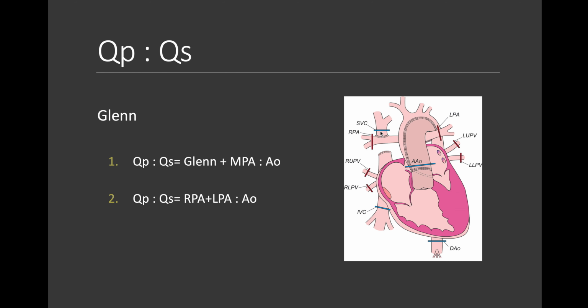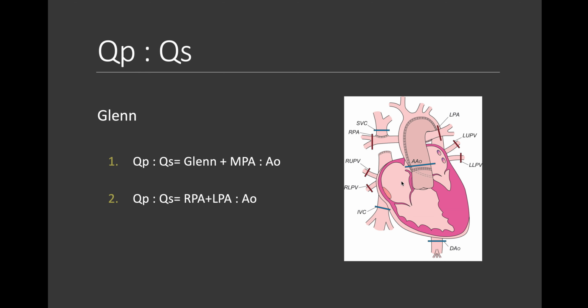So you could measure the pulmonary flow either by measuring the Glenn flow, which is here the superior vena cava, or you could measure the RPA and LPA, which would represent the blood going to the lung, but not the blood coming back in the pulmonary veins. So this would represent the QP if we measure the superior vena cava or RPA and LPA.